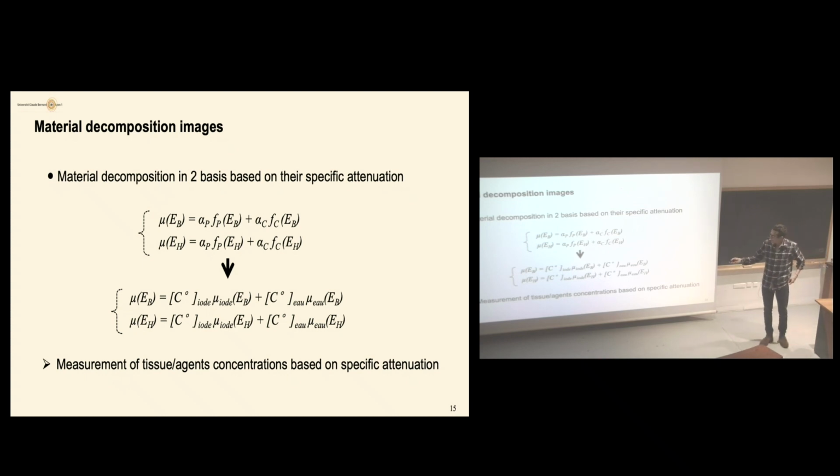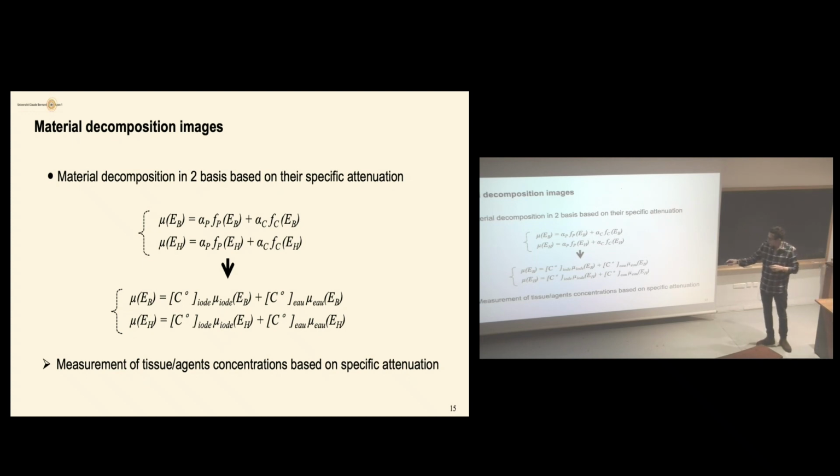So in this equation, the only unknowns are the concentration of iodine and the concentration of water, but you could write this equation not only with iodine, but with uric acid and calcium. In fact, as a biomedical engineer, you have to ask the user and look for what he needs in your image. For example, in Lausanne, there is a guy who is only working with uricemic patients. That means they have accumulation, deposition of uric acid, and he doesn't need any iodine in the material decomposition.